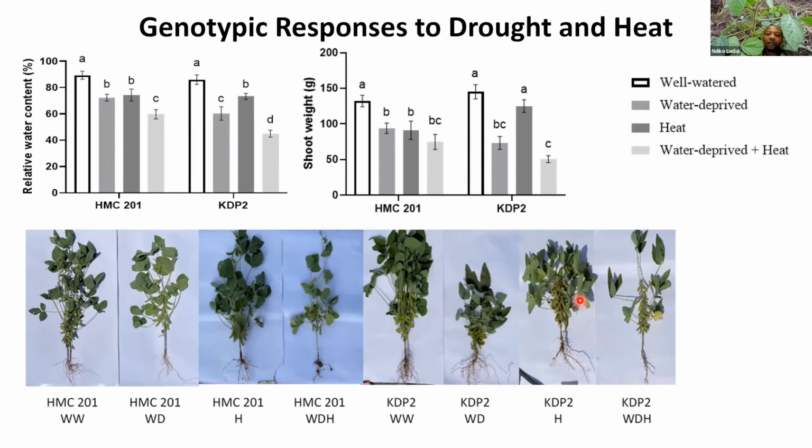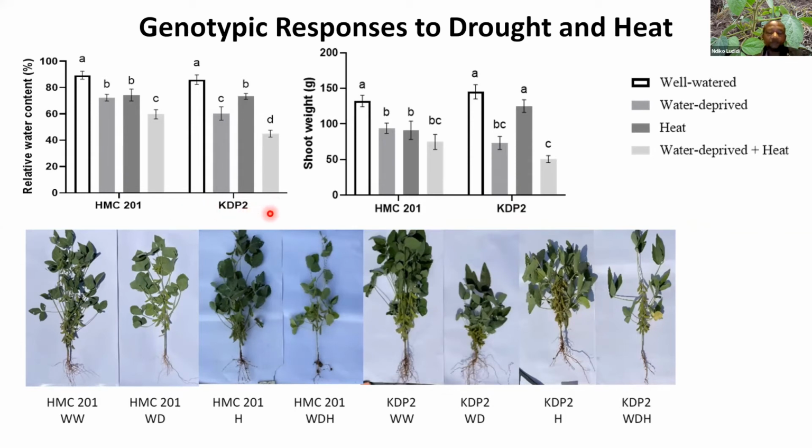So we are really keenly interested in finding out what the genetic determinants of these differences between KDP2 and HMC 201 with regards to their drought tolerance and their heat tolerance are. And at present, we are trying to drill down to these genetic determinants by looking at differential protein expression between these two contrasting genotypes.